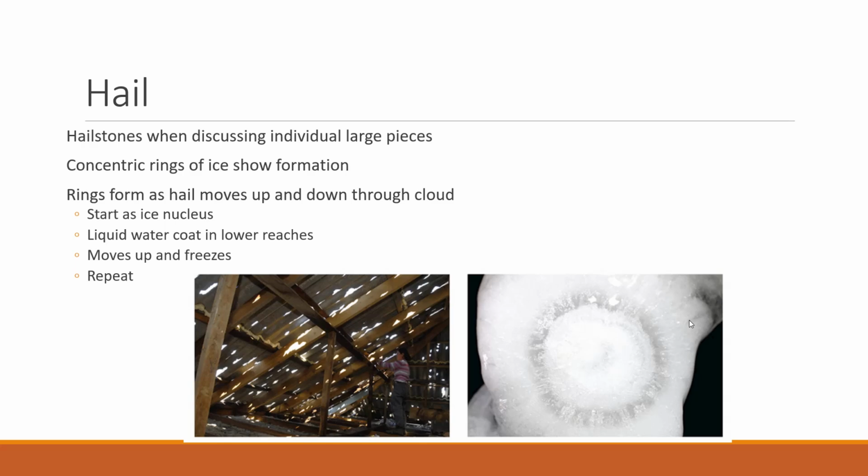So then liquid water will coat it when it moves lower in the cloud, either through melting or just liquid accumulating on it. It will then move up further in the cloud. It'll get caught in an updraft and it will freeze, and then it will get too big and fall. So it's basically this repetitive motion up and down in the cloud. So we have these concentric layers that form. They can be very large and cause a lot of damage.